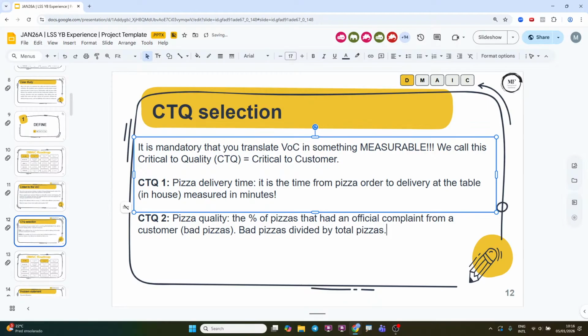Are you guys following me? This is very, very important. You must have a mechanism to quantify the size of the problem. Please don't run Lean Six Sigma projects where at the end you have things like, now the process is standardized, now the process is more robust.